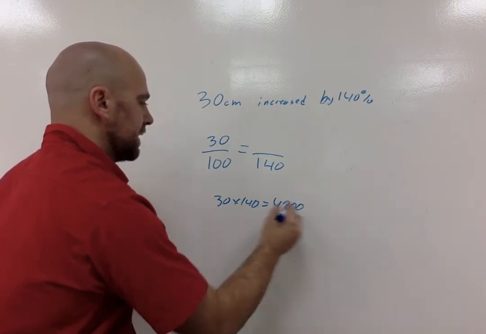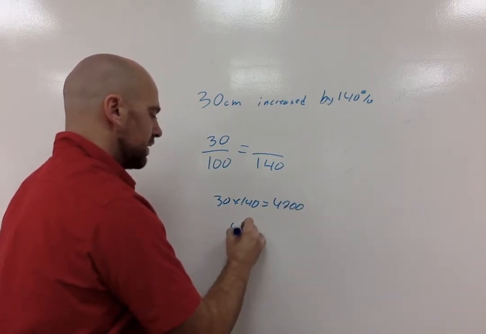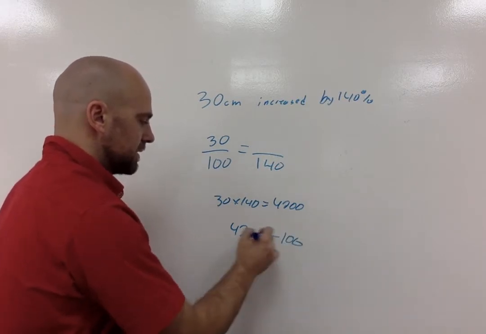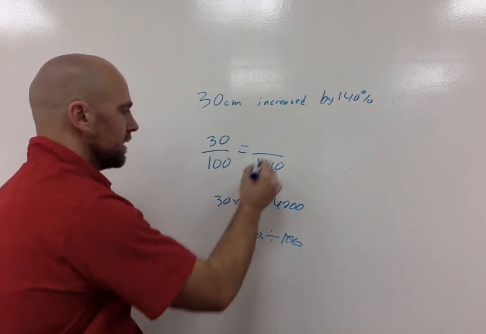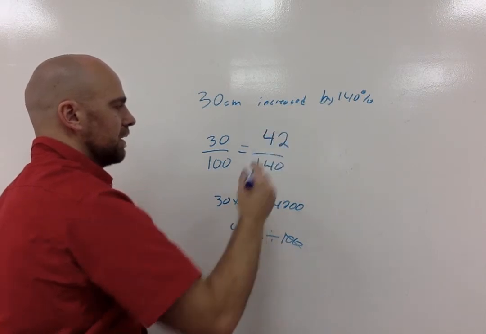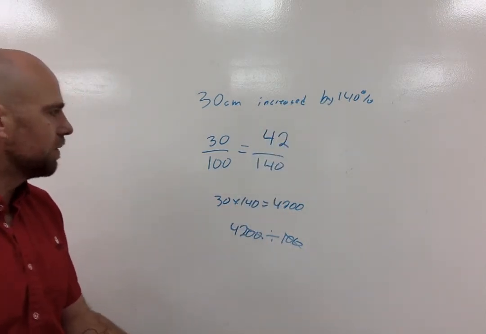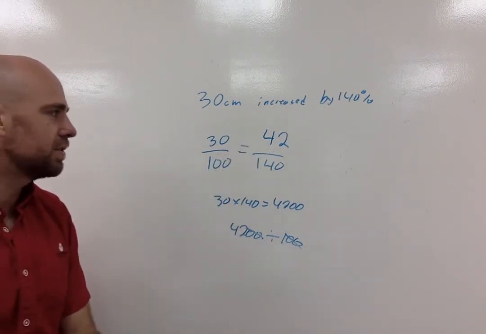And then I need to divide 4,200 by 100. So that's basically going to cancel out the zeros, and I'm going to be left with 42. Okay? So my answer becomes 42.